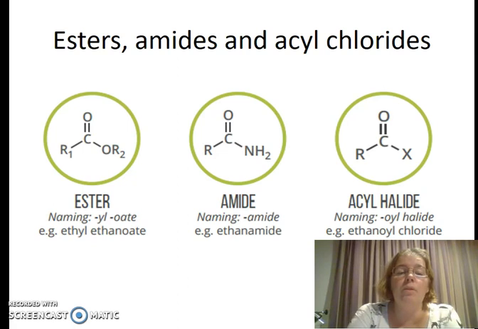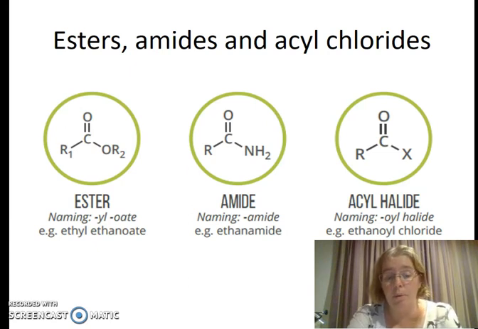So we have two distinct carbon chains on an ester. If we don't have two carbon chains on an ester, then it's not an ester. So we have one carbon chain connected to the carbon with the double bond O on it, and a second carbon chain connected to the oxygen, which is connected to the carbonyl carbon. The names of those are quite complicated.